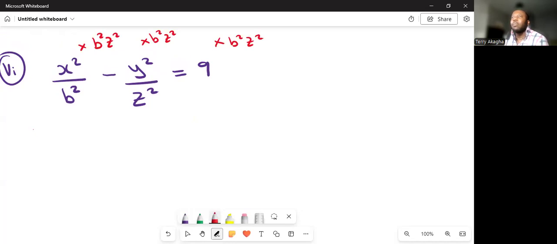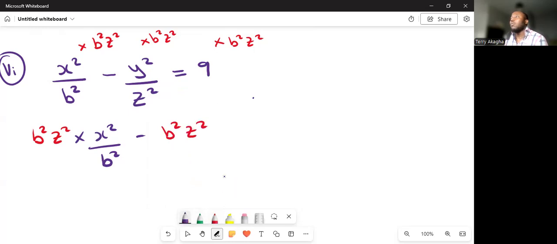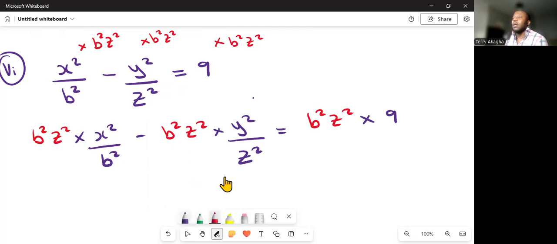So basically it's going to become b squared z squared multiplied by x squared over b squared, minus b squared z squared multiplied by y squared over z squared, will be equal to b squared z squared multiplied by 9. Okay, so as you can see, b squared will cancel b squared here, z squared will cancel z squared there.